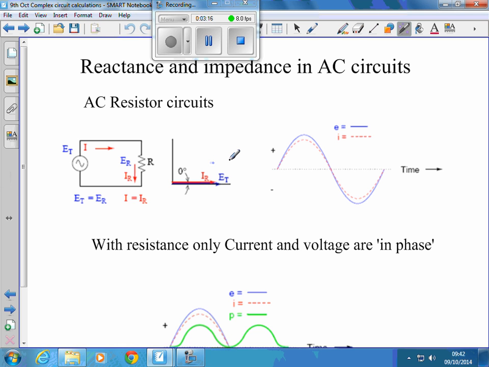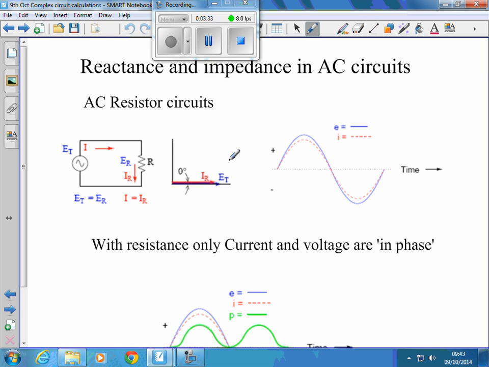The blue line is the applied voltage. They should be drawn over top of each other, but I've just separated them on the diagram on the board so that you can see the length of both of them.